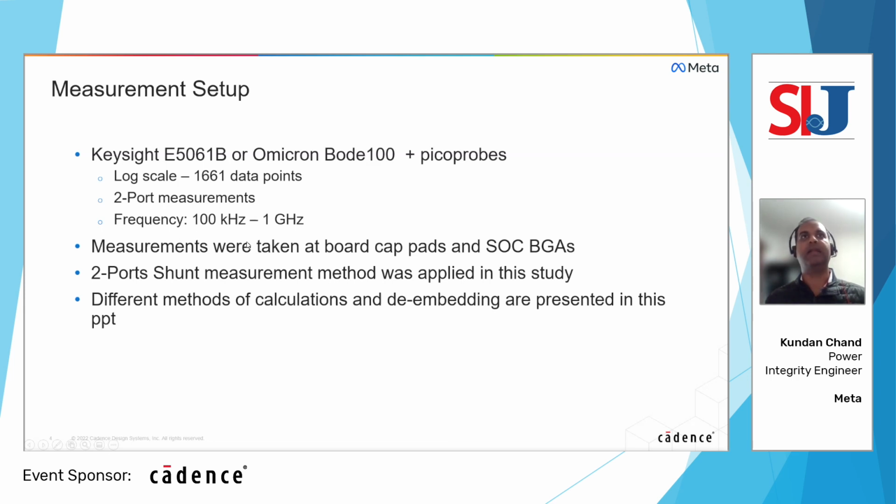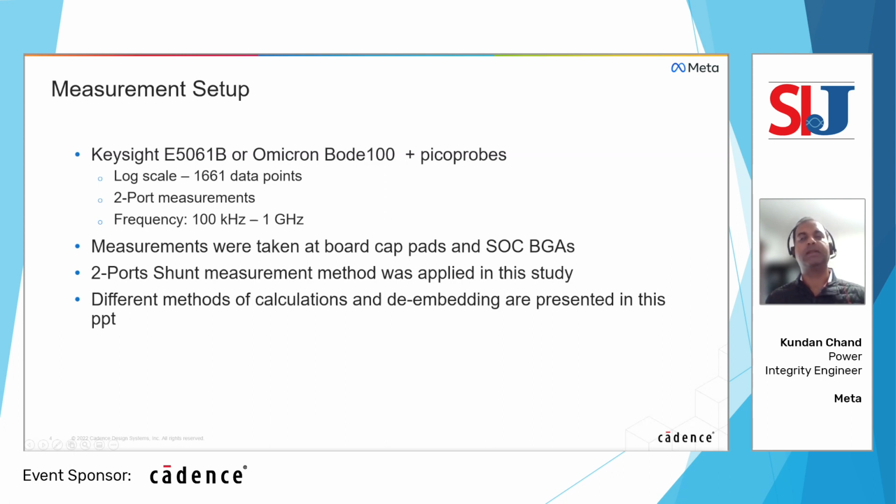The frequency range we use goes from 100 kilohertz up to 1 gigahertz. As we go forward, you'll see for each of the different sets of measurements I discussed before, different frequencies tend to become important. So we'll go over that.